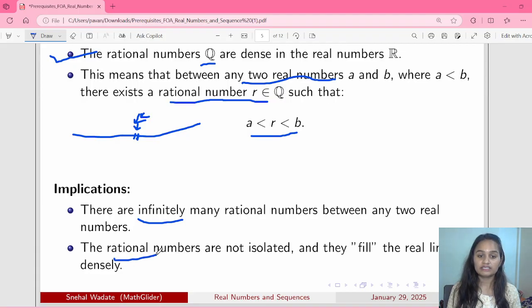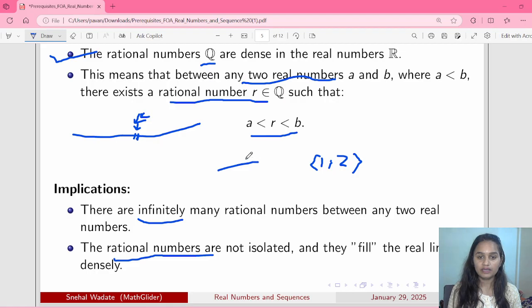That also means rational numbers are not isolated. Okay. So you can see if we take this set 1 and 2, this set is isolated. Okay. So 2 points are not arbitrarily close to each other. That means isolated. But rational numbers are not isolated.